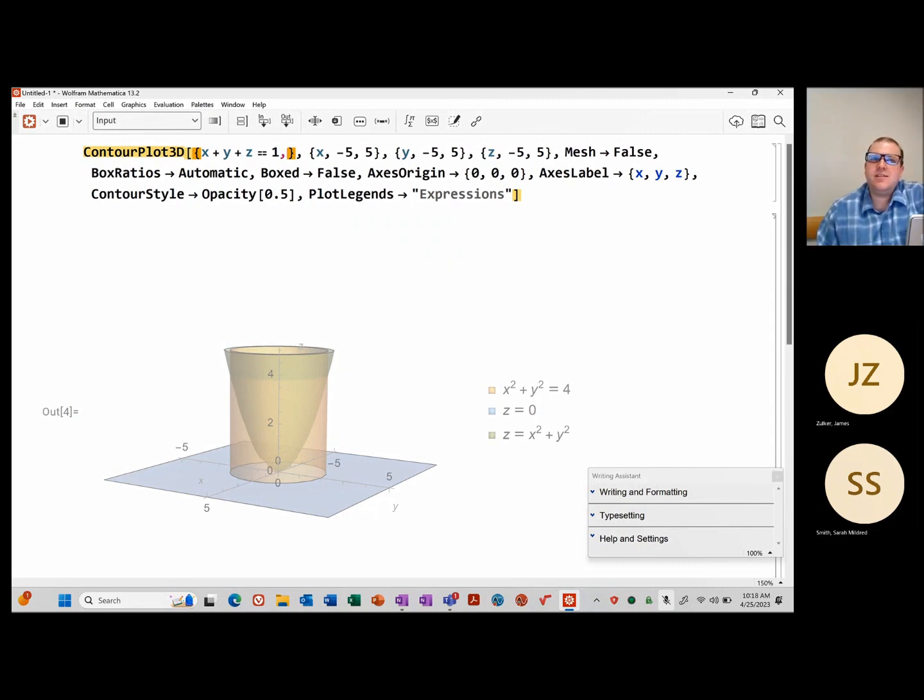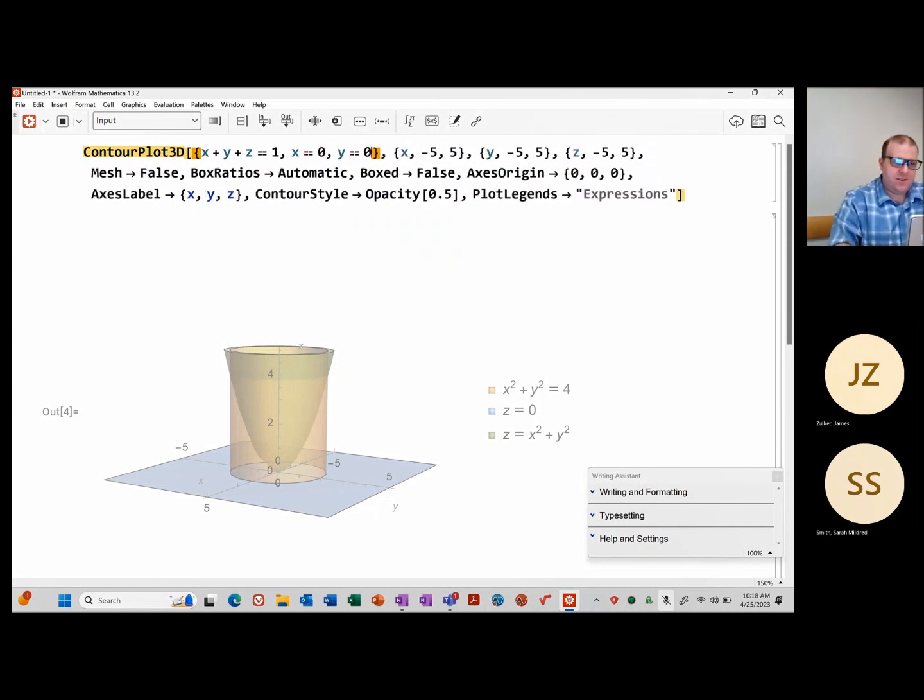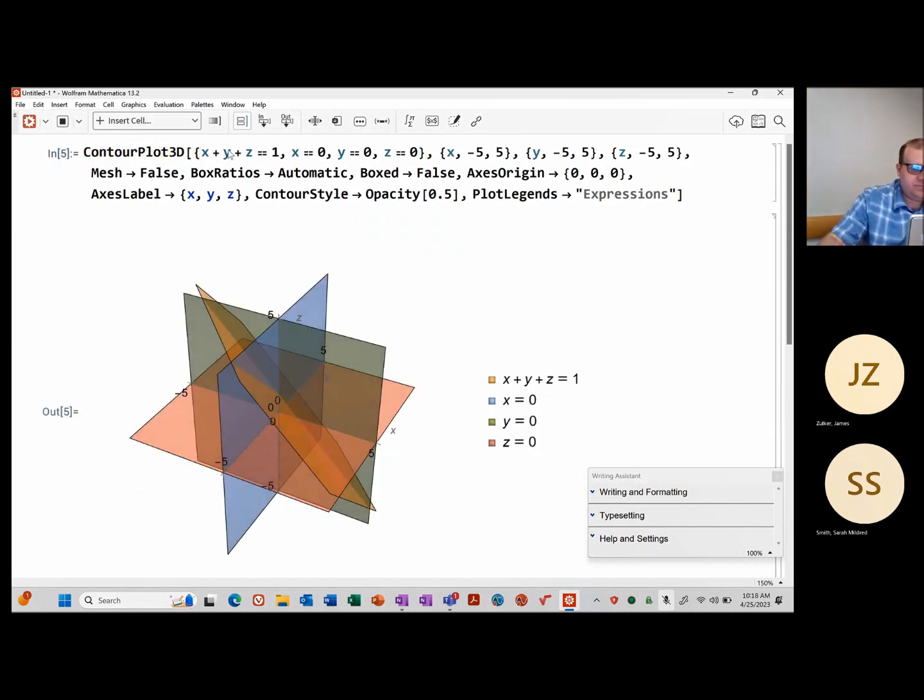So that's the plane, and it's being cut by the first octant. I'm just going to go ahead and plot those 3 planes: x equals 0, y equals 0, z equals 0.